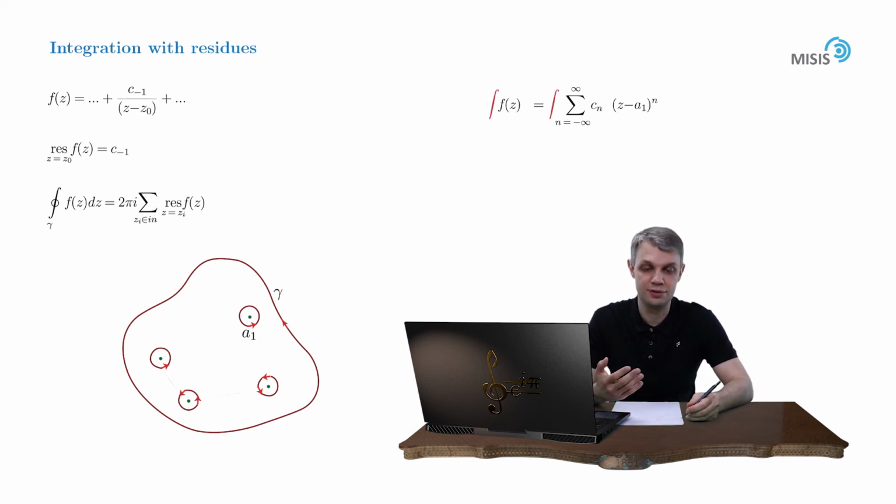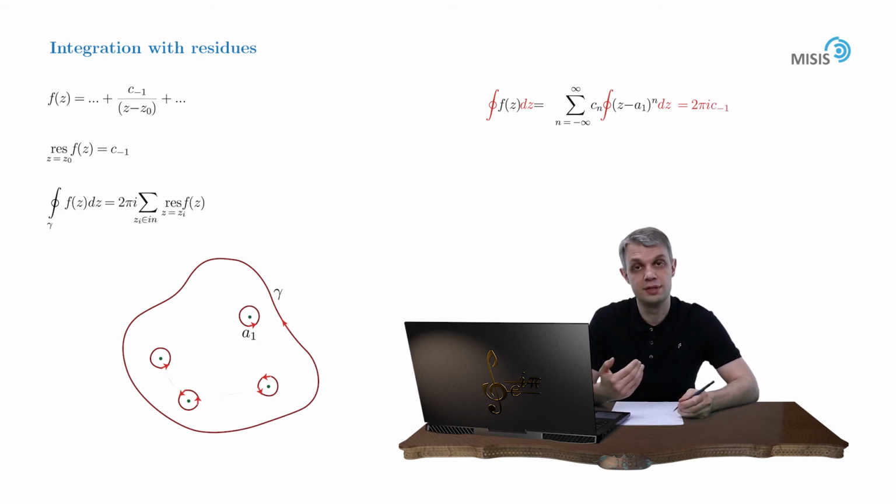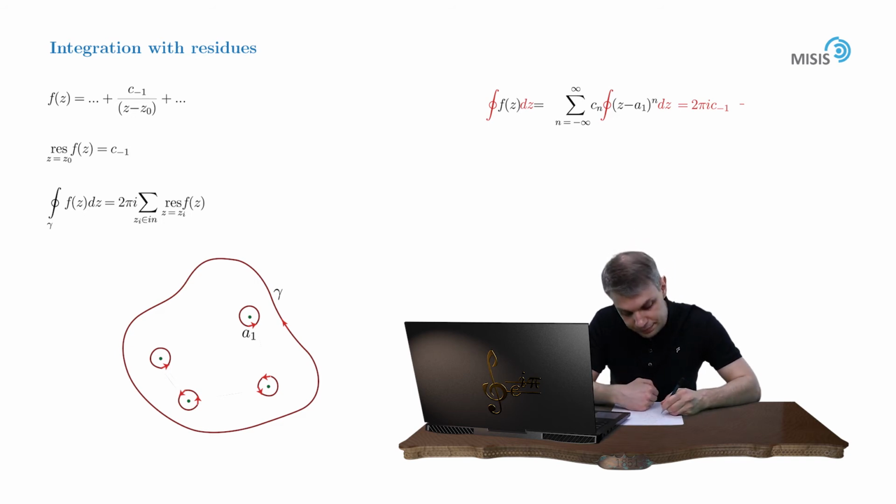Once we start integrating each term of this sum, we'll immediately realize that all of these integrals vanish, as we just proved, with only one exception: the term containing power minus 1, where this integral will give us 2 pi i. So the integral around the first infinitesimal circle will simply be equal to 2 pi i times the corresponding coefficient in front of this power, c_{-1}. But this is nothing but the residue of this function at point a1.